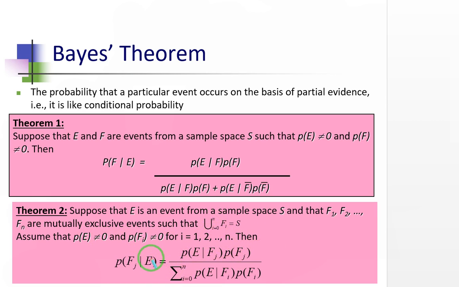So this is a formula, just keep in mind. The same formula gives P(Fj|E) equals P(E|Fj)P(Fj) divided by the summation from i equals 1 to n of P(E|Fi)P(Fi). This is the formula and how we can use it.